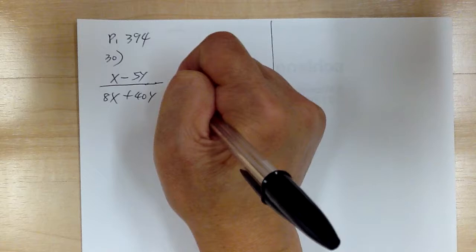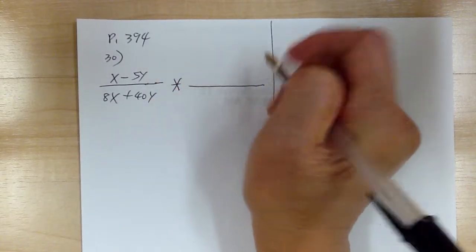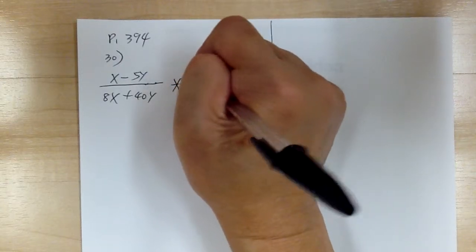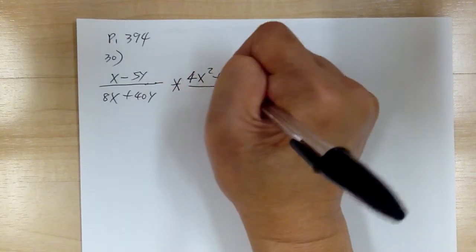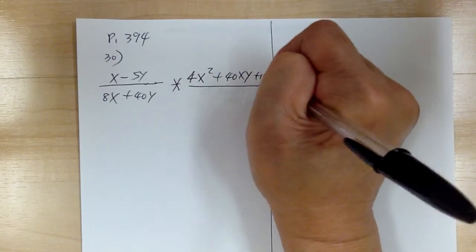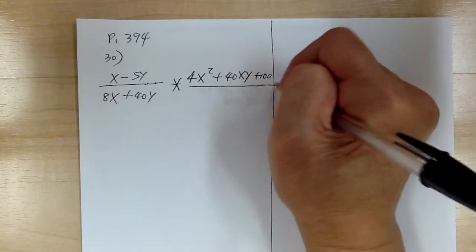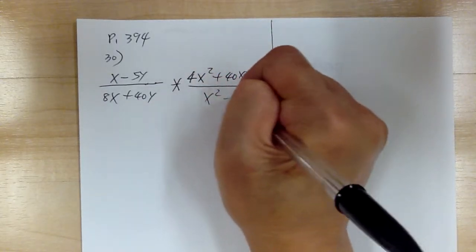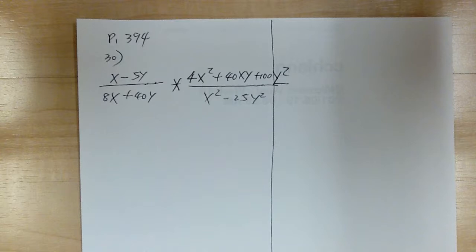And this is a division, so I'm going to convert it into multiplication and flip the second factor upside down. So you've got 4x squared plus 40xy plus 100y squared over x squared minus 25y squared.